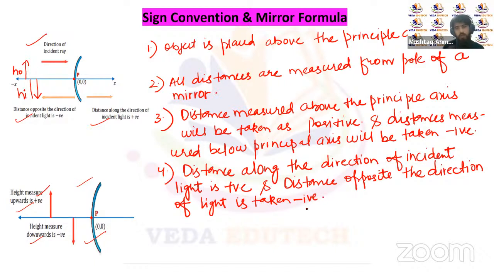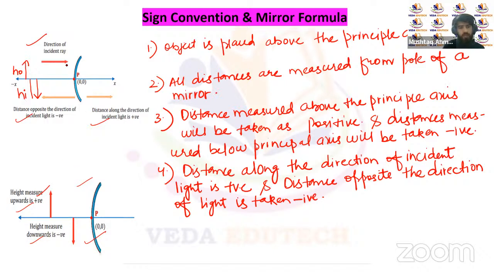So these are certain conventions, right? These conventions will be followed in the formation of image, and to comment on the different nature of the image. So the distance measured along the direction of incident light is taken as positive, and distance opposite the direction of light is taken as negative, right? So these are certain conventions.